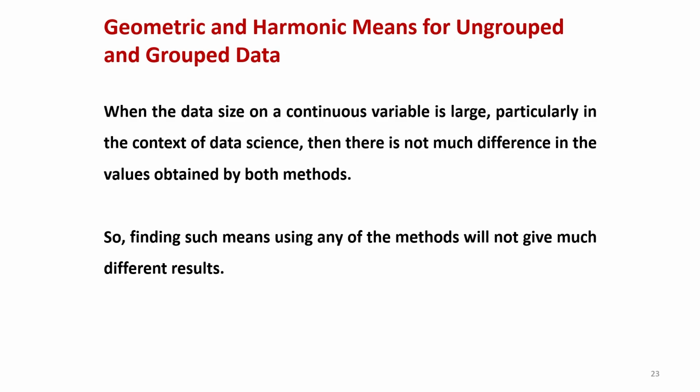So when we are considering situations in data science where usually the data size is very large and data is continuously flowing, if you try to consider the data as ungrouped data or grouped data, and if you try to find out any of such means like this geometric mean or harmonic mean, there may not be significant difference between their values. So it will be your decision actually what exactly you want to do and how you want to take a call, right?